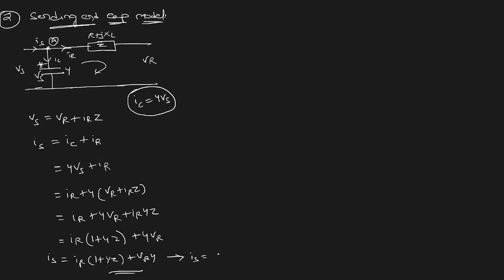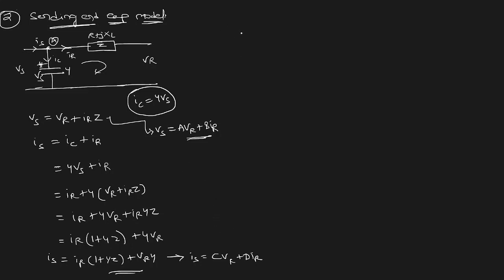Now compare this equation with the standard equation, Is equal to C VR plus D IR, and compare the other with Vs equal to A VR plus B IR, right? We got two equations and we are comparing them with the standard equations.